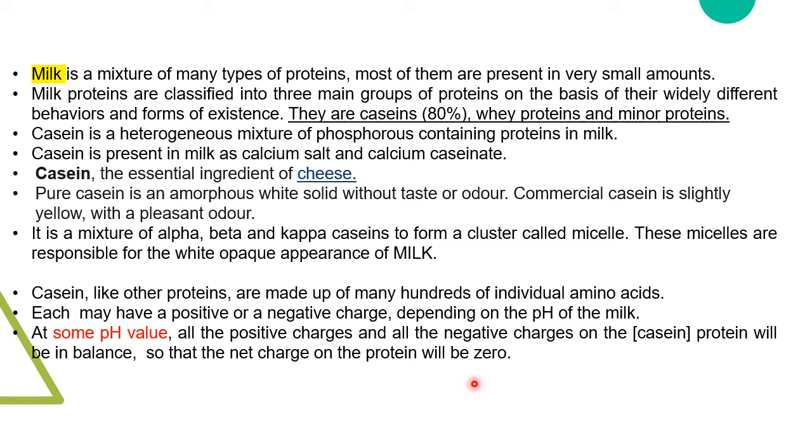So when you proceed for processes or reactions where you want to precipitate casein, you may reach a pH value where positive and negative charges are in balance, and the net charge on the protein is 0.